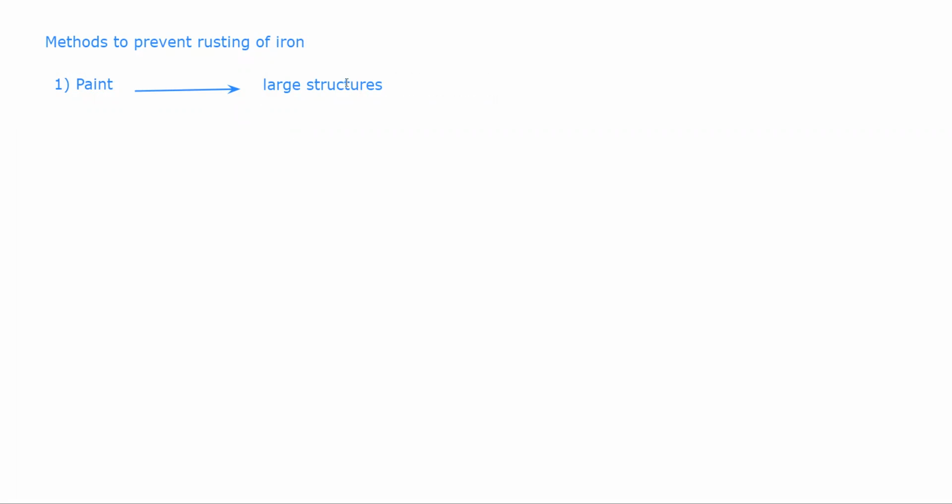If the whole structure is made up of iron, what's the advantage of painting this? If you have a piece of iron and you paint it, the layer of paint which sticks to the surface of the iron prevents this iron from rusting.